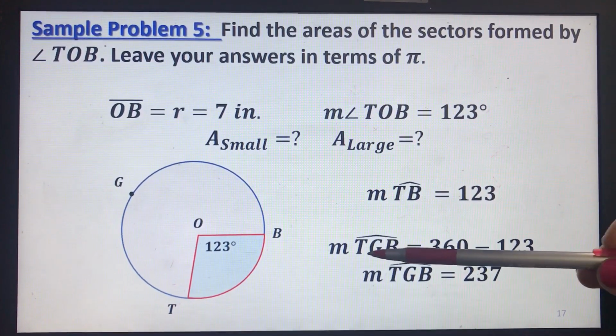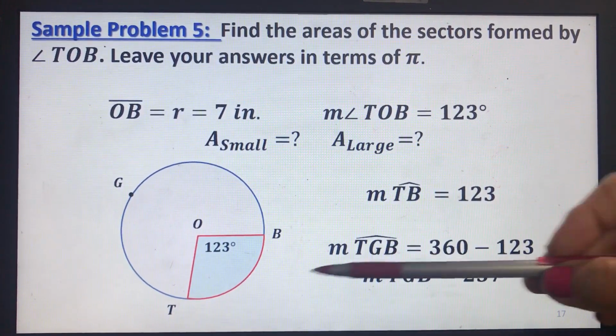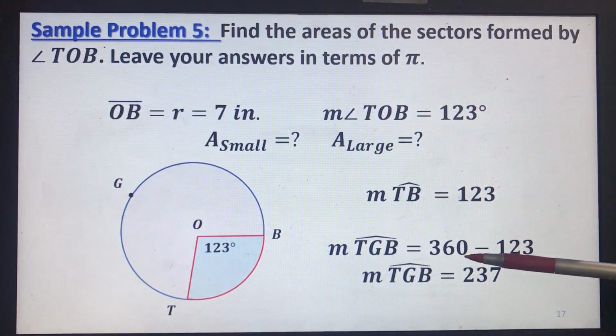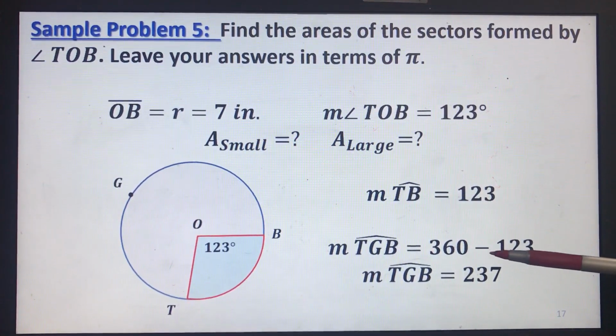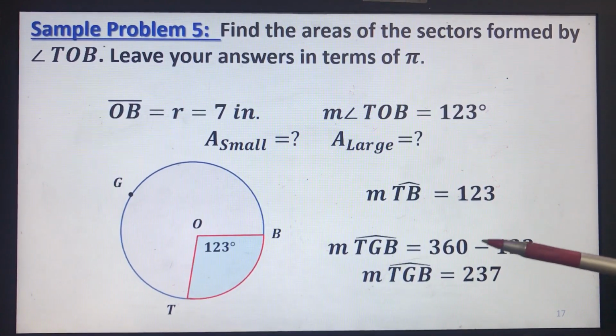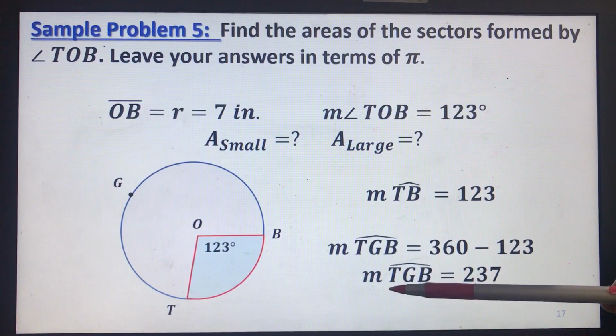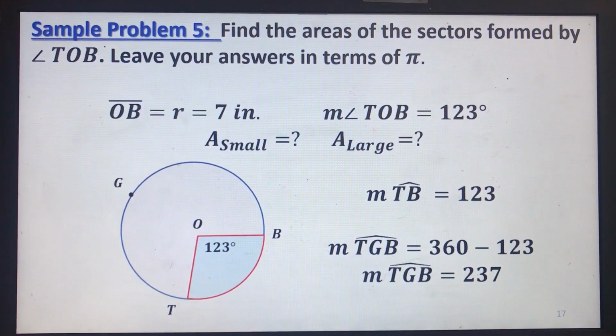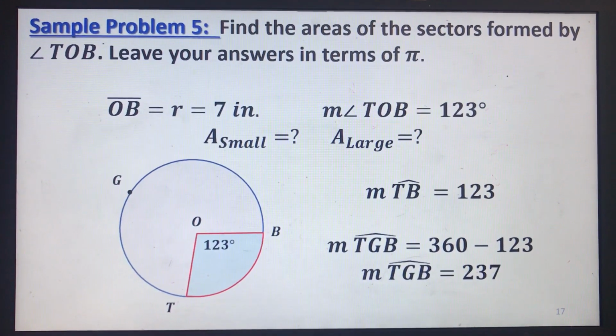Now, the measure of major arc TGB is going to be equal to 360 degrees minus the measure of the minor arc, which is 123. So that tells us that the measure of major arc TGB is going to be equal to 237 degrees.